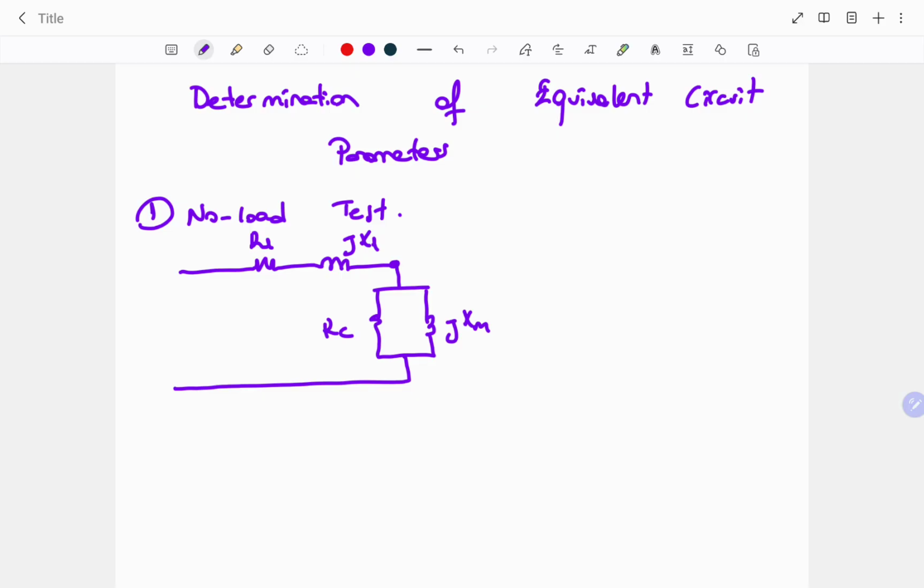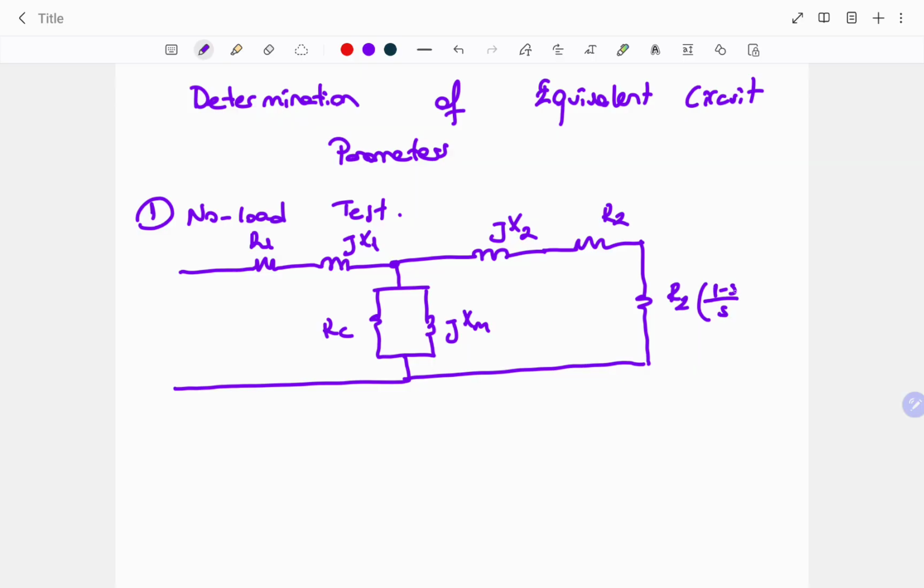Then for the right side, the rotor side, we have X2 related to the leakage flux reactance and R2, and the last resistance R2 (1 minus S over S) can be used to clarify the operation during the no load test. This is the modified equivalent circuit. It is very similar to the classical equivalent circuit of the induction motor, but we divided our last resistance, which represents the rotor side, into two parts: R2 and R2 (1 minus S over S).